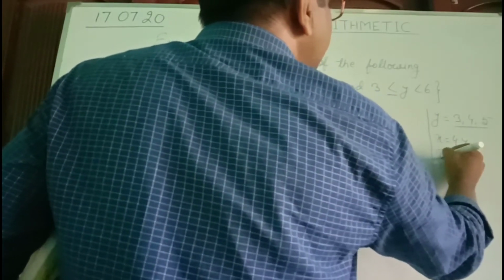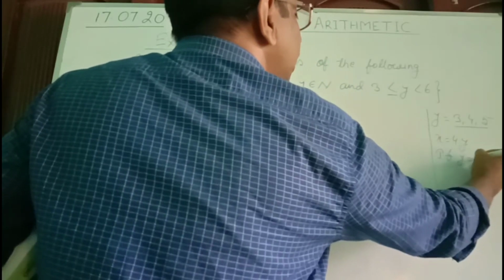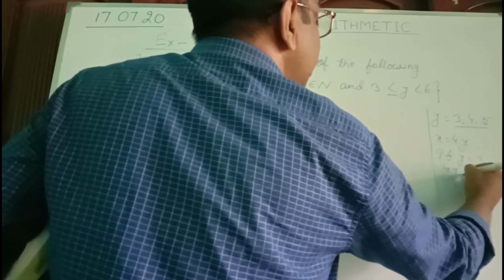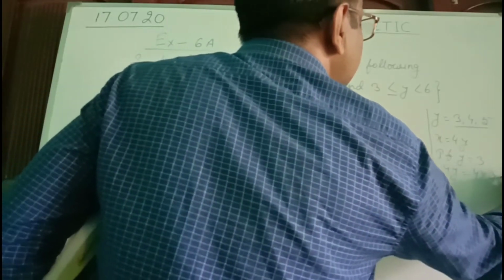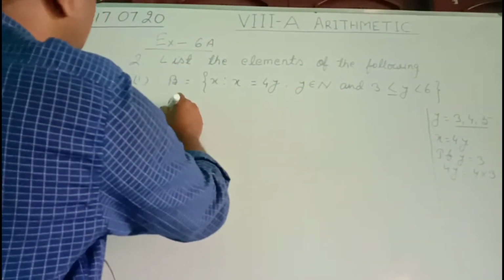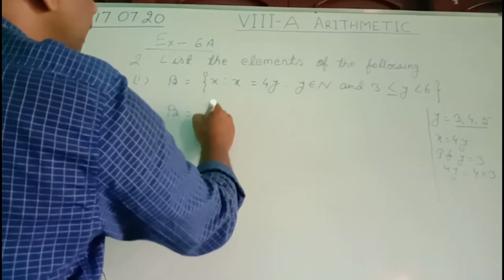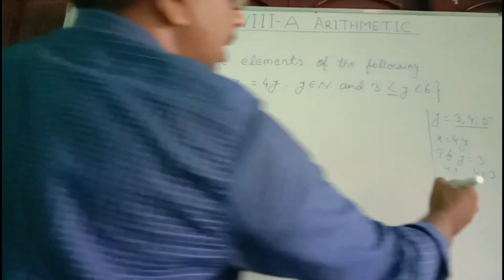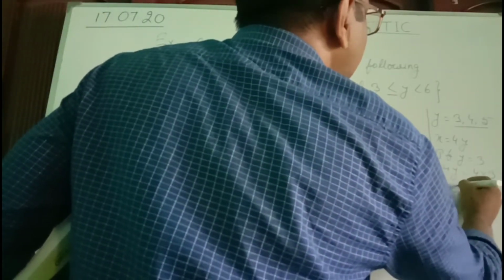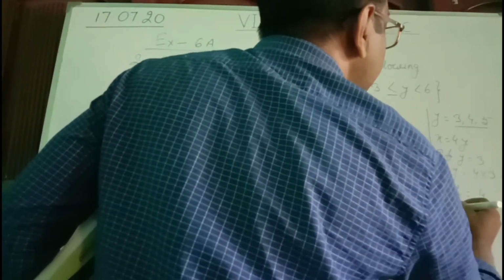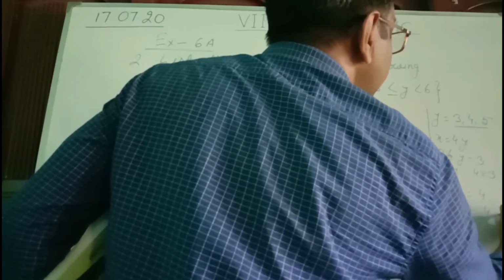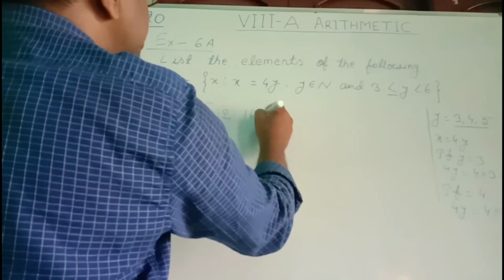Now if you take y equal to 3, then 4y equal to 4 into 3 equal to 12. So our first element became 12. Now if you take y equal to 4, then 4y equal to 4 into 4 equal to 16. So second element became 16.